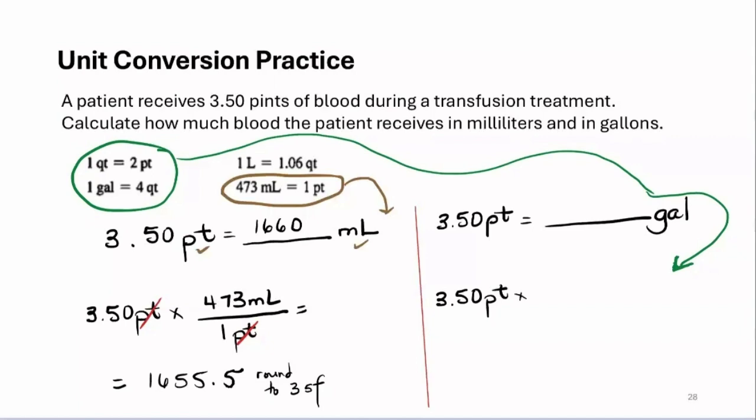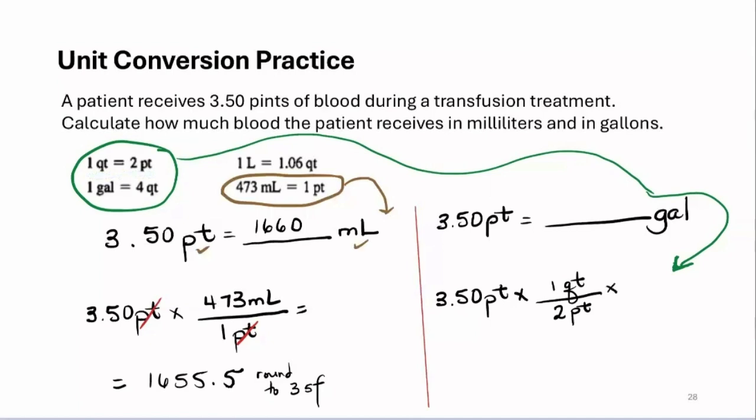We're going to use our first equality conversion factor that will take us from pints to quarts. So in the bottom of my equality, I'm going to write 2 pints. And on top of it, I'm going to write 1 quart. Because this is the first equality that is needed in order to accomplish the problem.